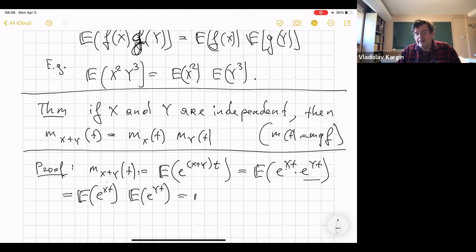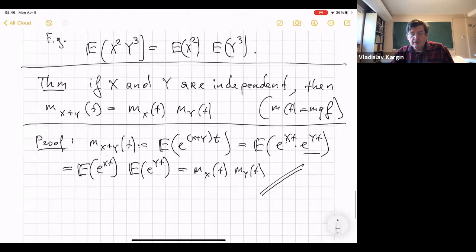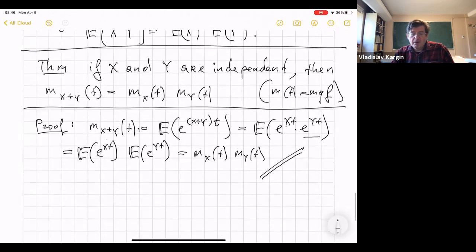So it's equal to m of x of t times m of y of t. This is the whole proof.